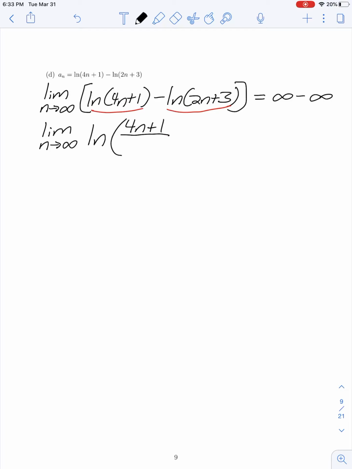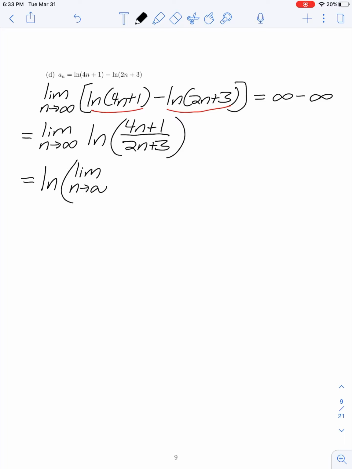So we recall that we can rewrite the difference of two logarithms that have the same base as the log of the quotient of those terms. That is log of 4n plus 1 divided by 2n plus 3.